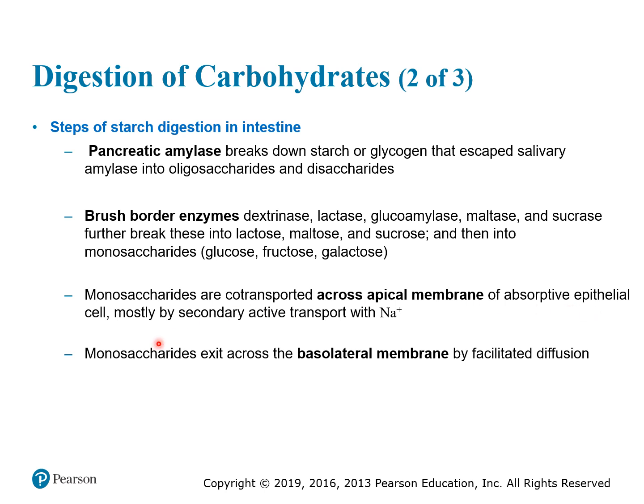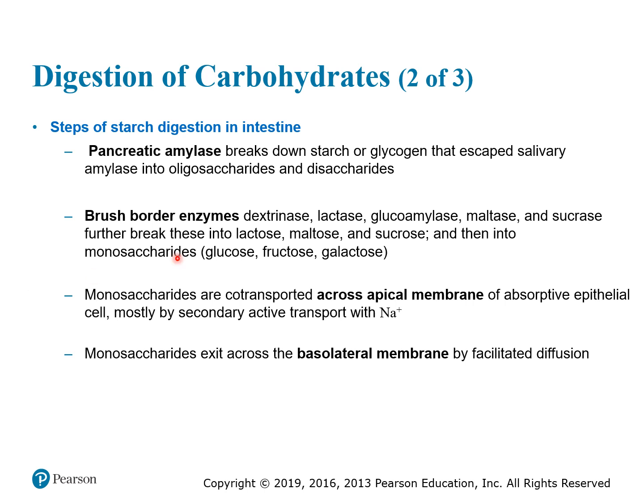of the absorptive epithelium, and they use secondary active transport with sodium. So they are co-transported along with the sodium into the apical cell, and the energy comes from the sodium potassium pump, which is acting at the basolateral surface of the cell.